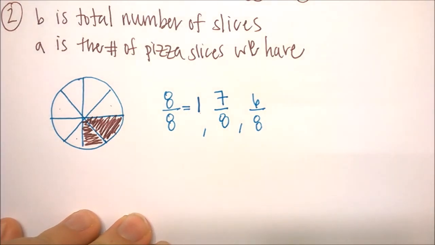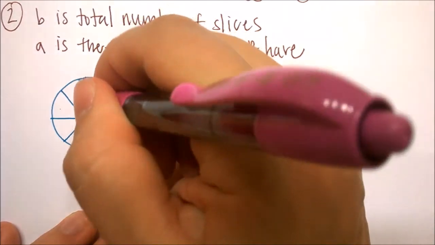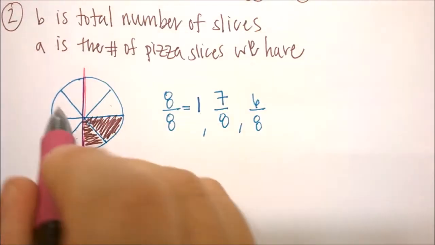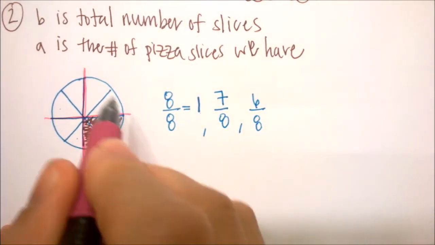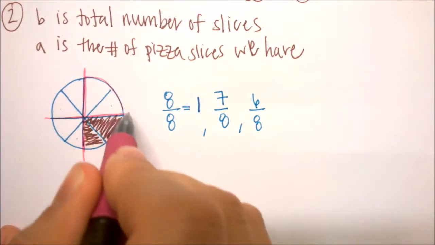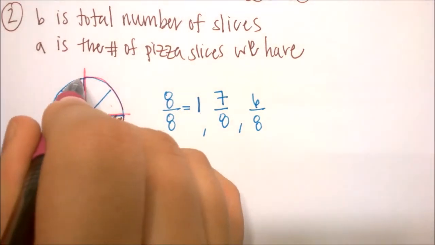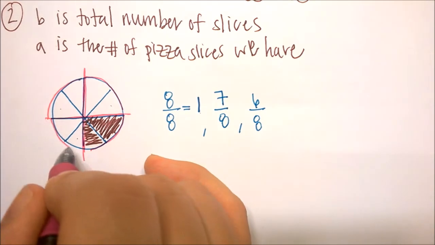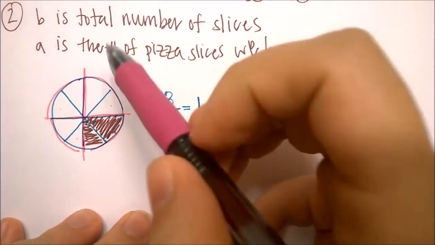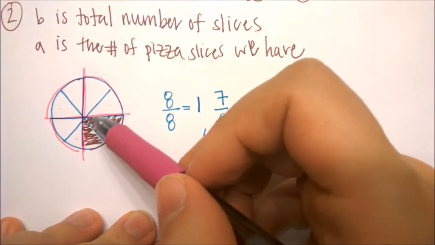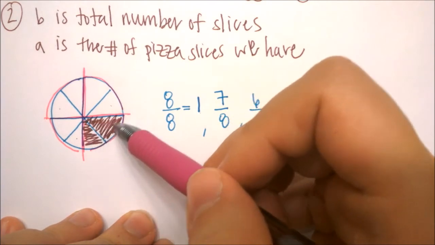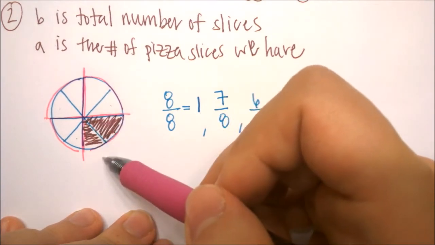Well, let's try to look at this from another perspective. Let's divide the pizza into fourths. So this is a fourth, this is a fourth, this is a fourth, this is a fourth. The 2 slices that we've eaten make up an entire fourth of the pizza.